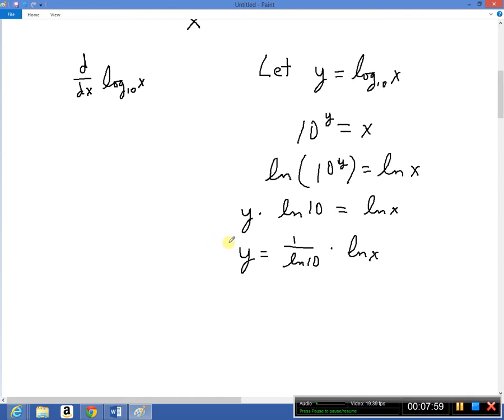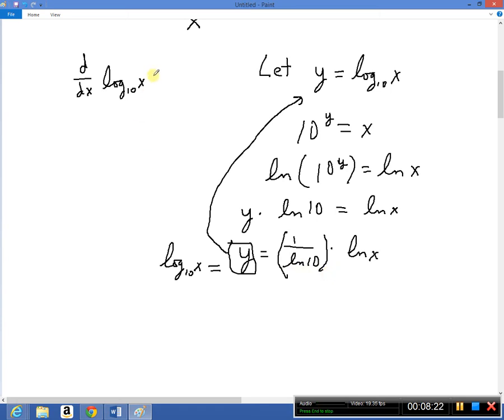And you see what we've done? Y was the thing we didn't know, that log base 10 of x. So the log base 10 of x is nothing more than the natural log of x multiplied by this fudge factor, 1 over natural log of 10.